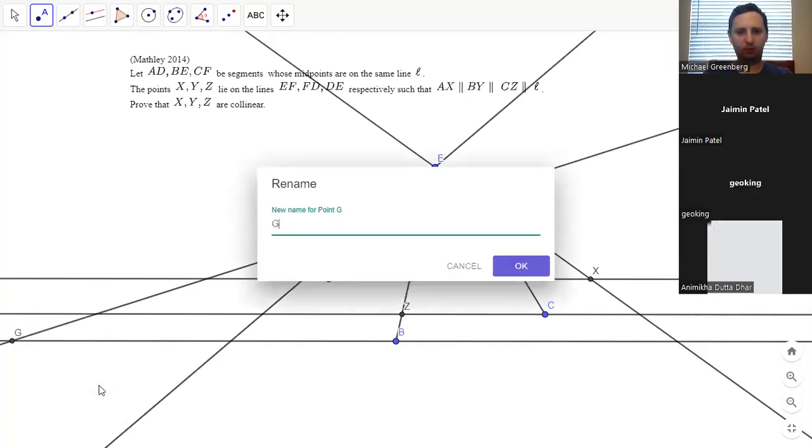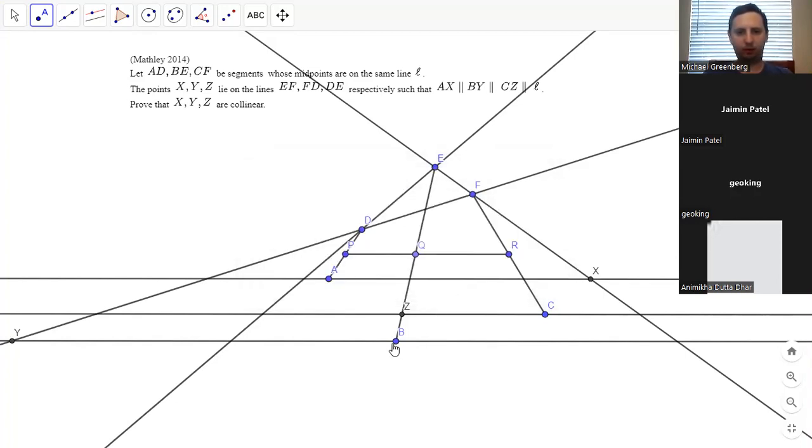Is that true? Let me make sure I did everything right. Let me check it. That's not right. Let's see. I want to draw the parallel through B. Oh, it's this point right here.